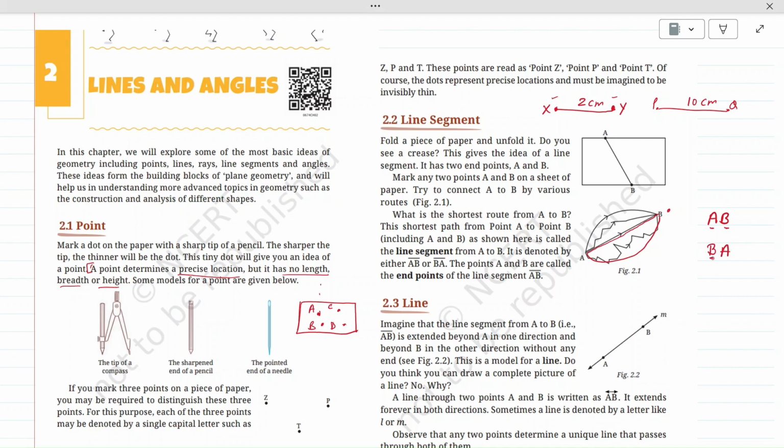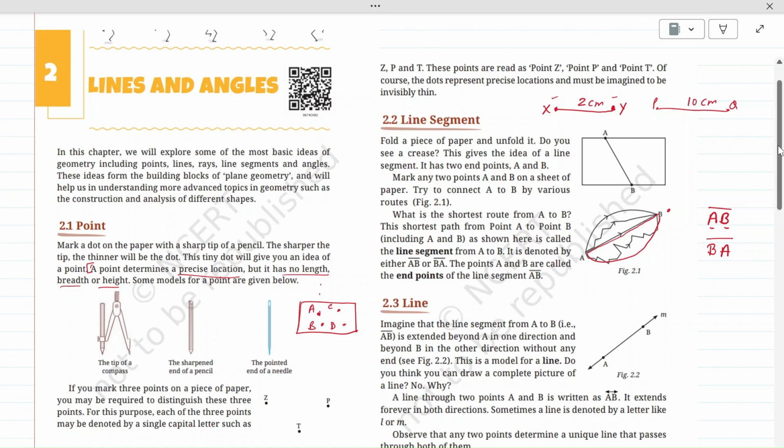That means my starting point was B and now I'm going to A. So how do we write a line segment? We write a line segment as the starting point A, the end point B, and then a line over it. This is BA, that is B to A, and this is also a line segment. So this is how a line segment is represented.